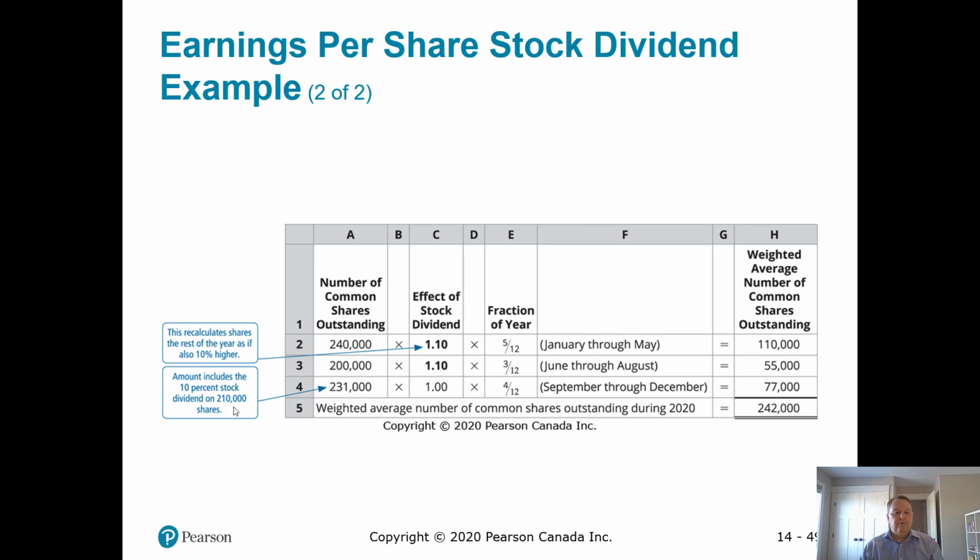It's 10% of 210,000 shares. So it's 231 times, there's no impact because we've already got the additional shares in there, times 4 of 12. So that gives us 77,000. So you can see how our weighted average goes up as a result of that stock dividend. We end up with 242,000 in our calculation.